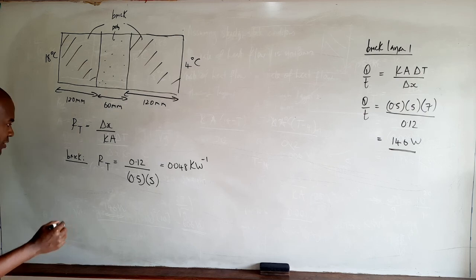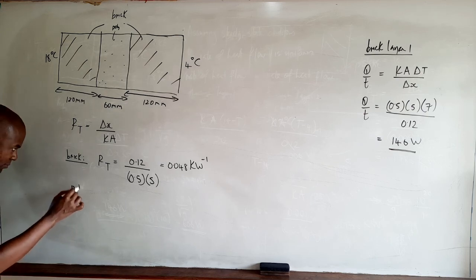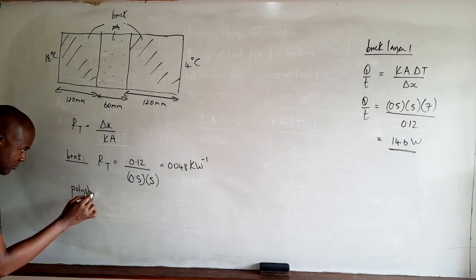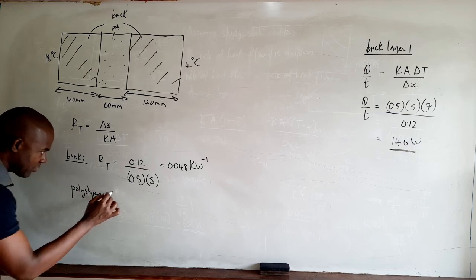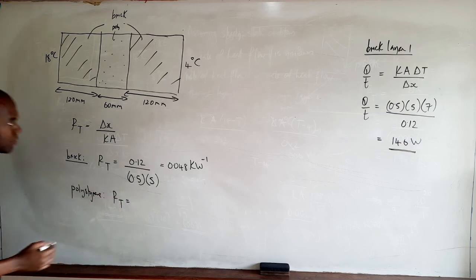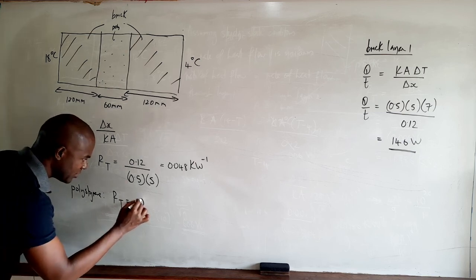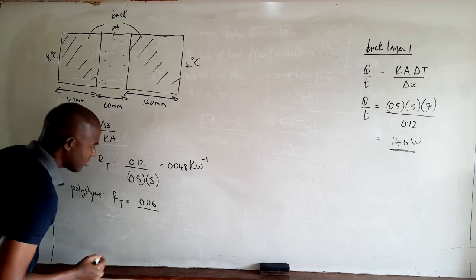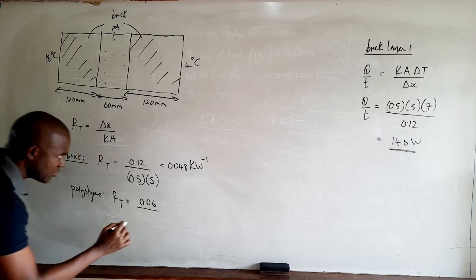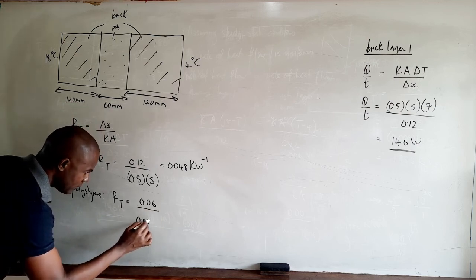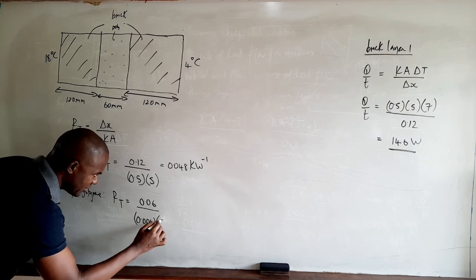For the polystyrene, the thermal resistance RT, its thickness is 60 millimeters. We'll convert that to meters as well. So that's 0.06 meters. Its thermal conductivity is 0.006. And the area, of course, is the same.